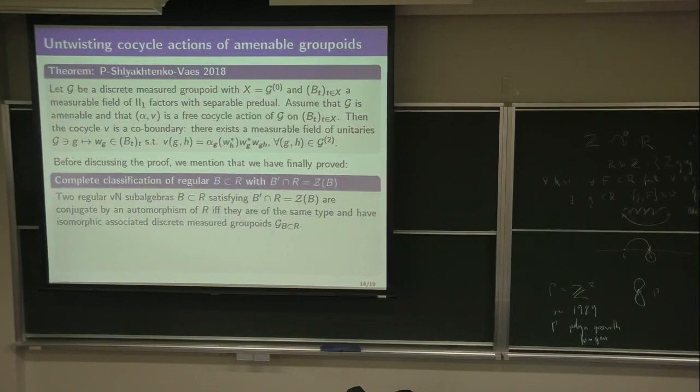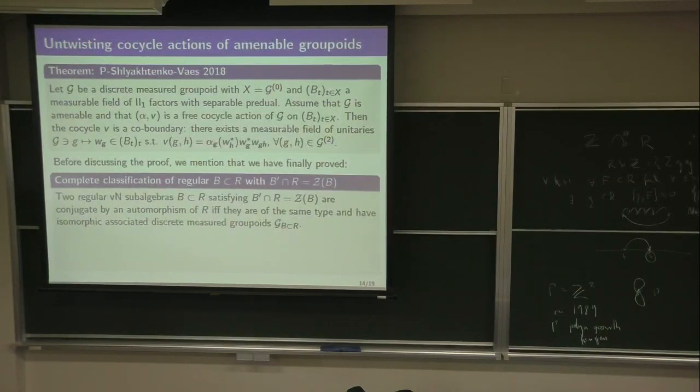So, with this in hand, of course, it means that we proved our classification of regular subalgebras. So let's point that out. With this, we do have that two regular von Neumann subalgebras of R are conjugate by an automorphism of R if and only if they are of the same type and have isomorphic associated discrete measured groupoids.